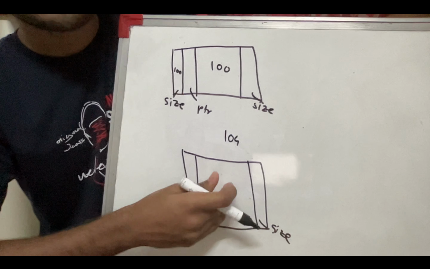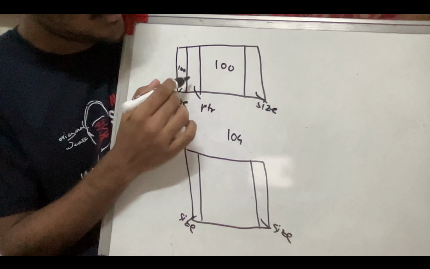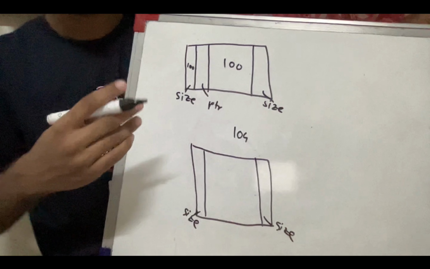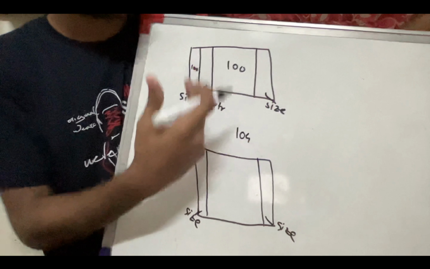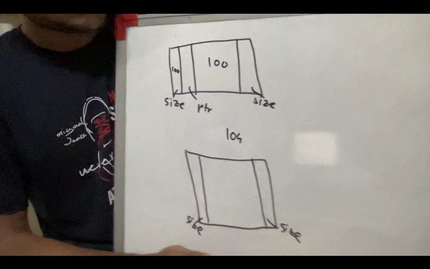Since it is an allocated block, we don't need to point to anything else. So we can just eat up this space so that our available space increases by 8 bytes on 64-bit systems. Not every time, but that's what we are saying.